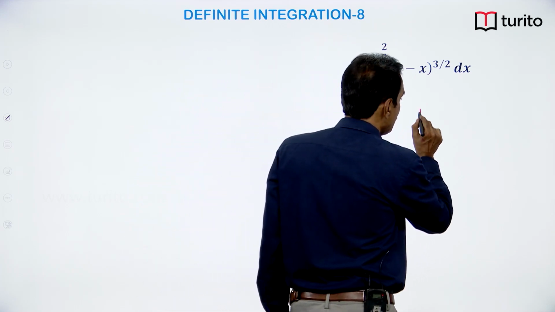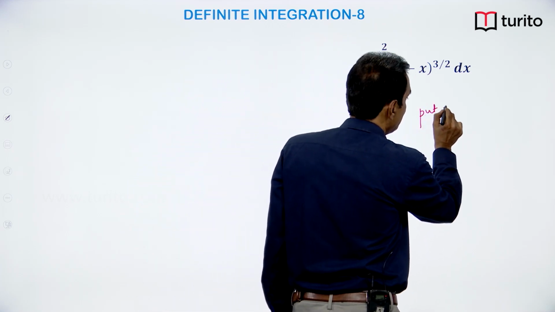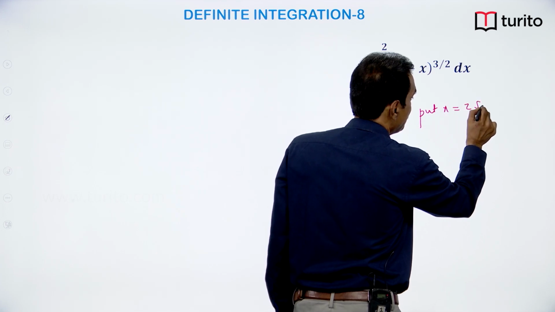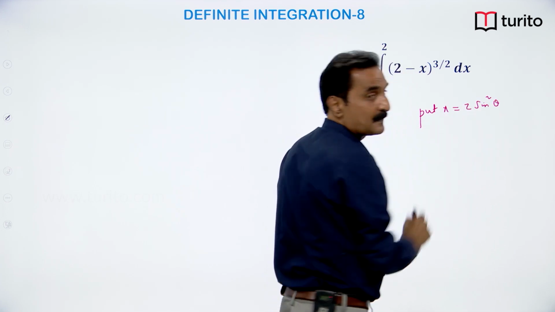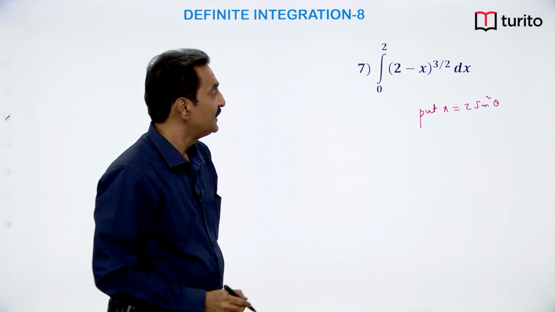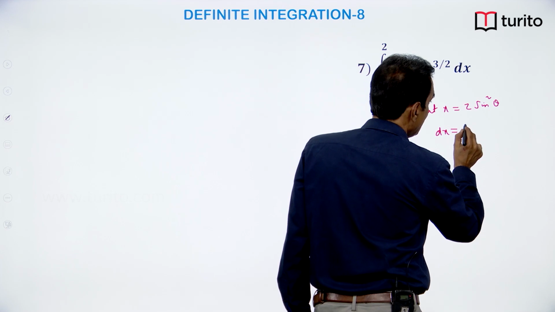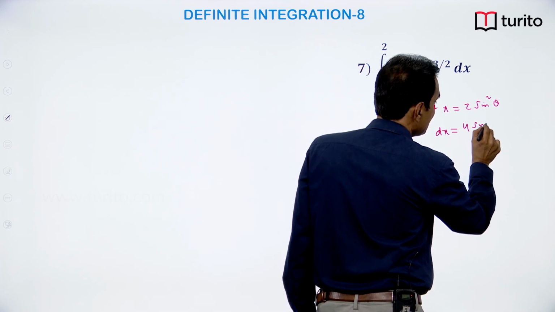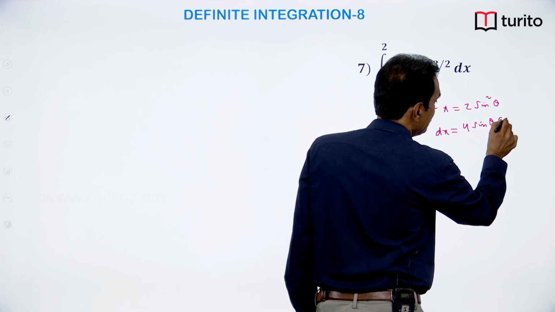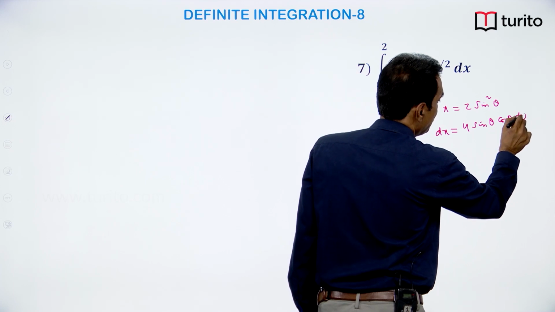Put x is equal to 2 sin square theta. Okay. Then dx is equal to 4 sin theta cos theta d theta.